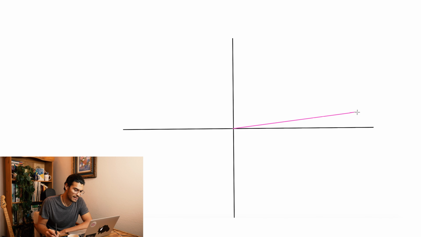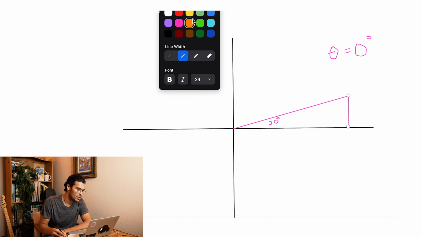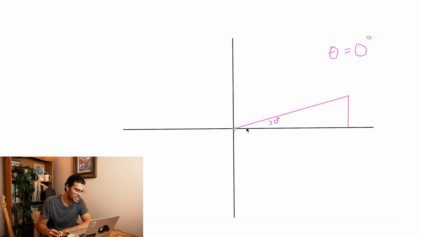So, to imagine a 0-degree angle, let's say we started with a 30-degree angle. We'd have a triangle that looks like that, right? But what happens if we were to split that angle in half and go to 15 degrees?